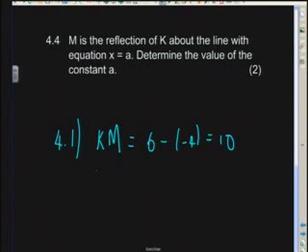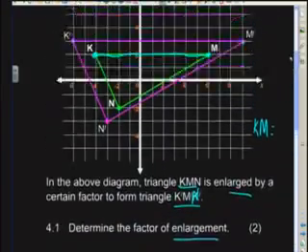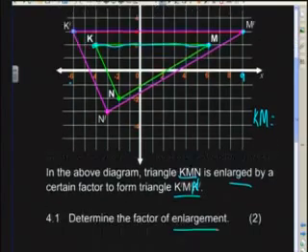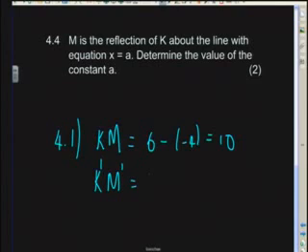Now the bigger distance, the new shape. At this point the x value is -6, and the x value at M prime is 9. So if I want the distance from M prime to K prime, I simply say 9 minus -6, which gives me 15.